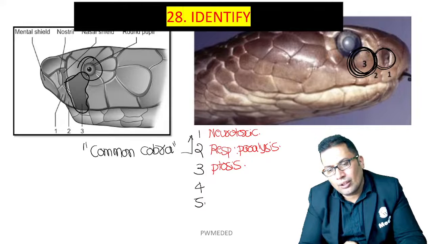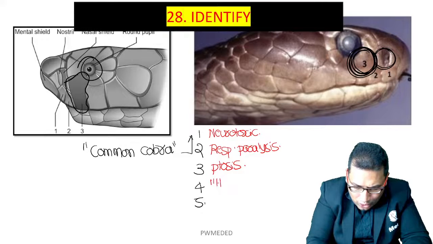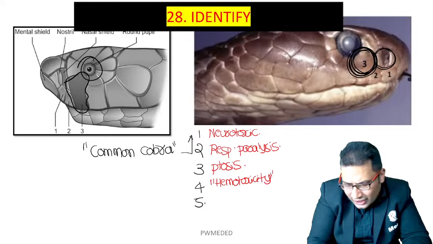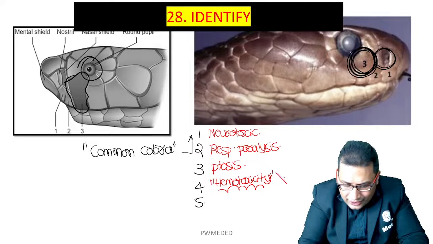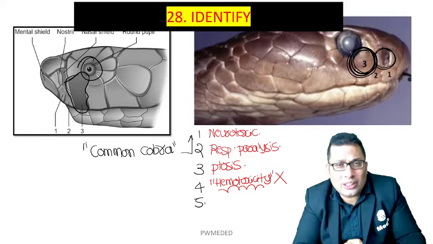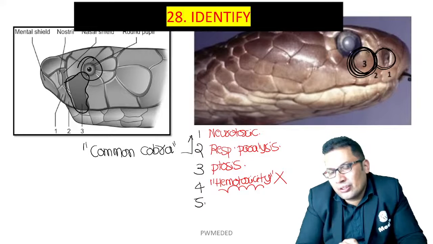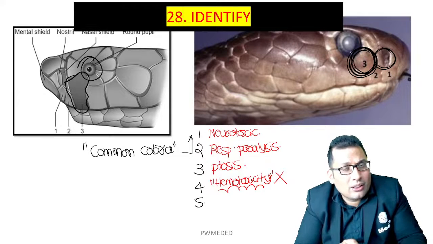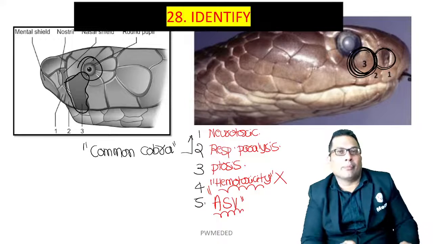And remember, there will be no hemotoxic symptoms. Hemotoxicity or hemorrhagic manifestations are very common in viper bite. They are not present in case of common cobra bite. In common cobra bite, usually signs and symptoms appear within 30 minutes, and they complete within 2 hours. So the treatment should be immediate. Treatment of choice, your answer should be anti-snake venom, ASV, polyvalent anti-snake venom.